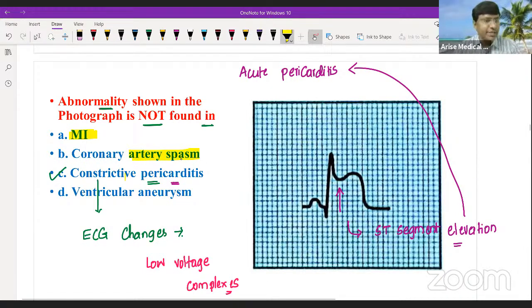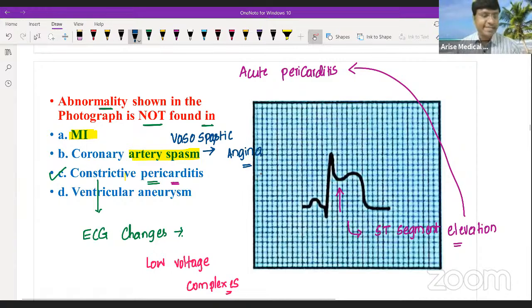What is that condition where you will have transient coronary artery vasospasm? Very good, transient coronary artery vasospasm is seen in vasospastic angina.